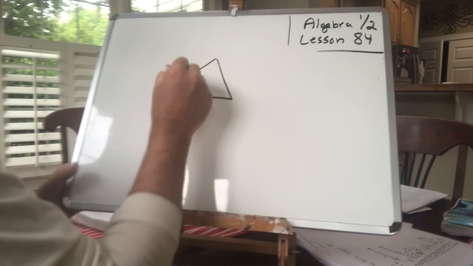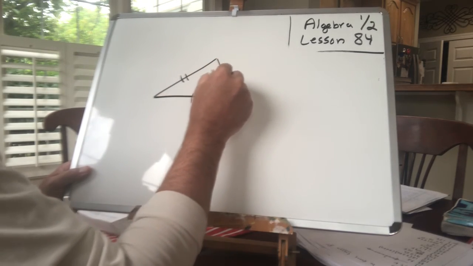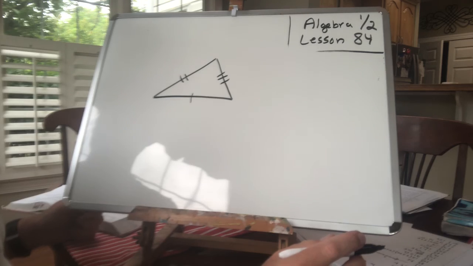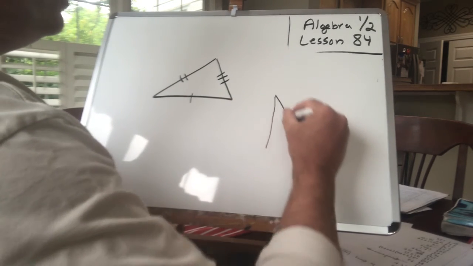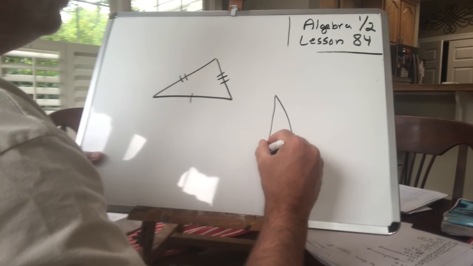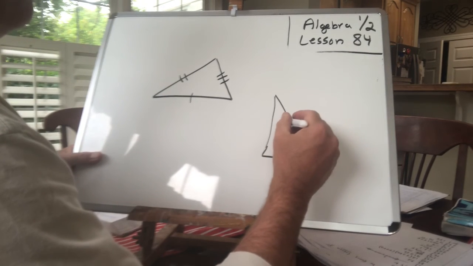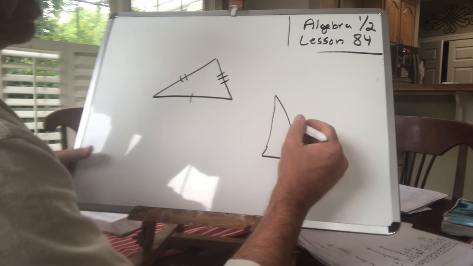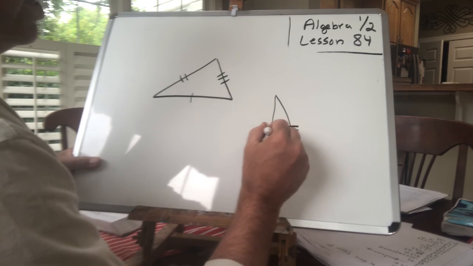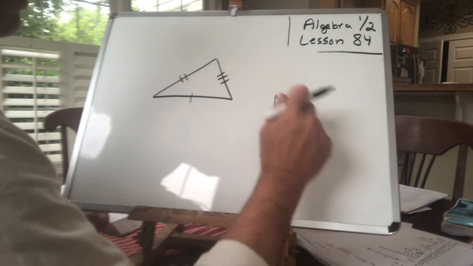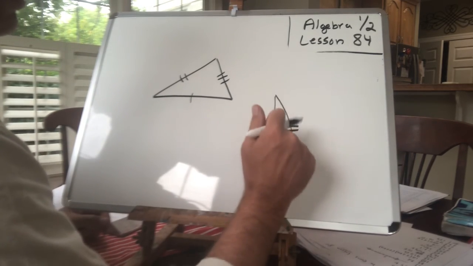That means this side's different than that side, and that side's different than the other sides as well. That's a scalene triangle. If they give you an isosceles triangle, that means 2 sides are the same. Isosceles means 2 sides are the same. And obviously in this triangle, the only option would be that those 2 sides are the same.